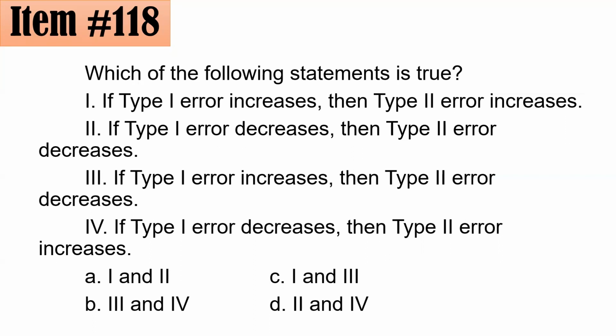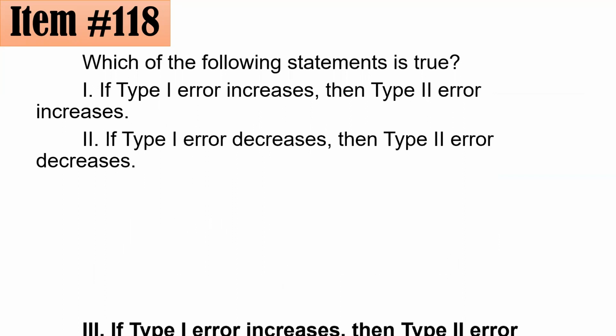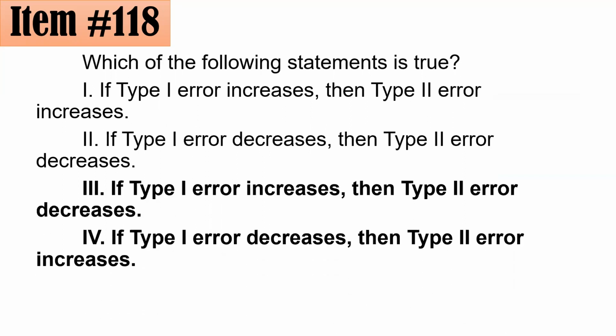Okay, many are saying letter B, 3 and 4. And if you answered that, you are actually correct. Why? Because type 1 and type 2 error are actually inversely or indirectly or negatively related with one another. Meaning to say, if one increases, the other decreases, or vice versa.